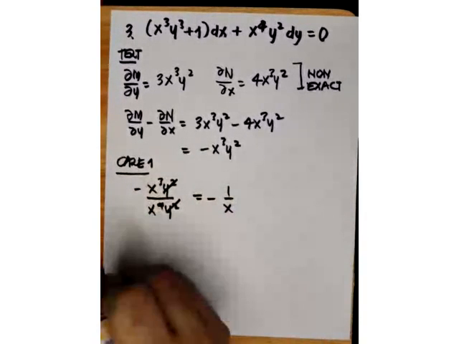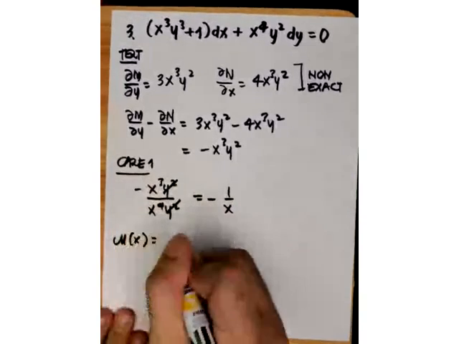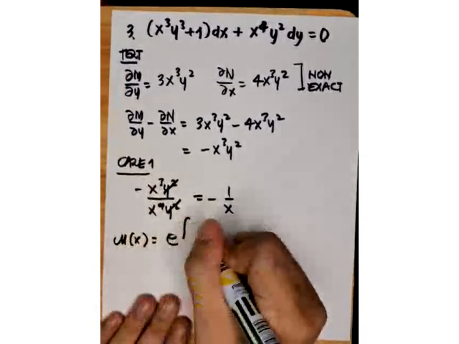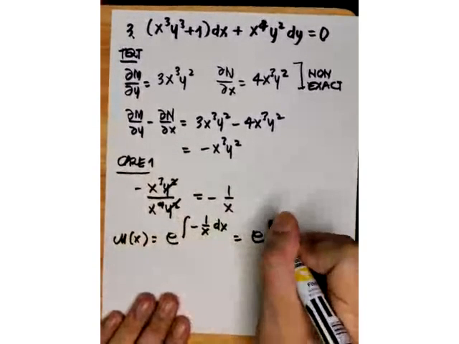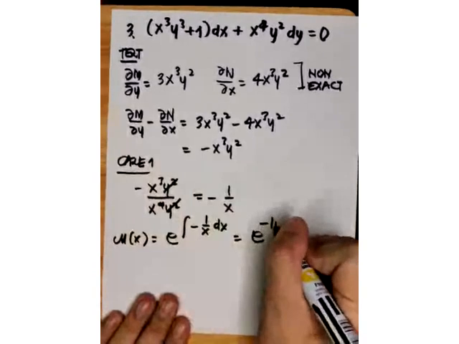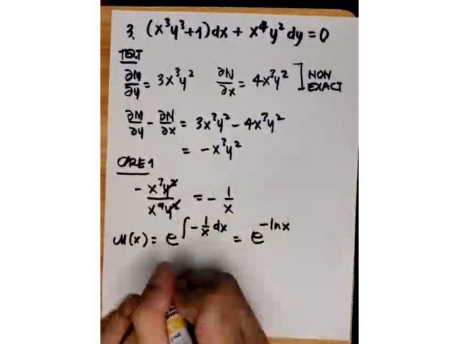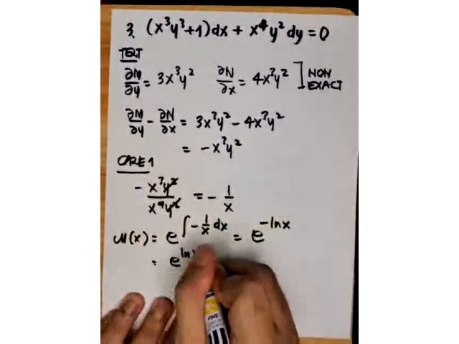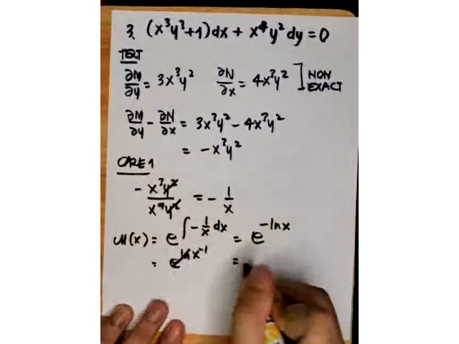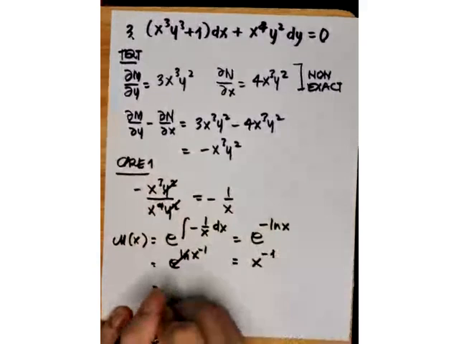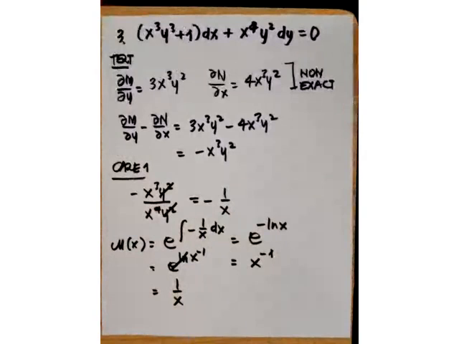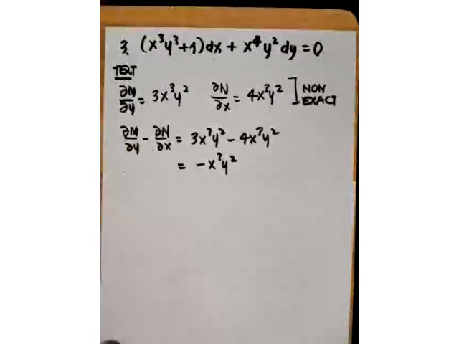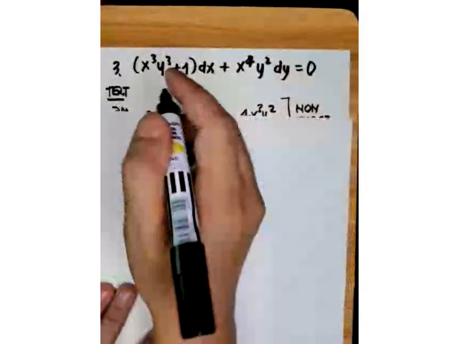Ayan. So to get the integrating factor, that's equal to e raised to the integral of negative 1 over x dx. Or that's equal to e raised to negative ln of x. Or this is e raised to ln of x raised to negative 1. So cancel. So the answer is x raised to negative 1 or 1 over x. Ayan. So knowing our integrating factor, let's multiply it to our equation.